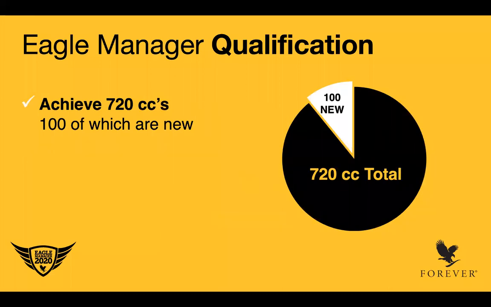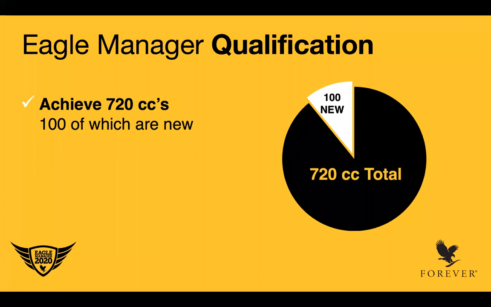Now, this is what you need to do to achieve Ego Manager. You need to do a total of 720 CCs. And out of those, 100 CCs should be new. What are new CCs? New CCs are all the CCs brought in by people and their teams that joined from the time the qualification began, which will be May.